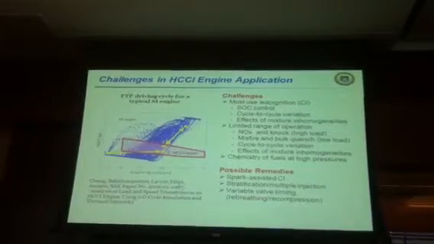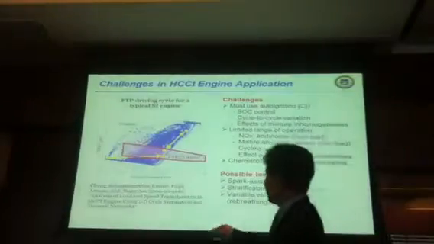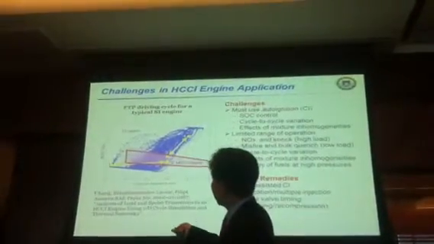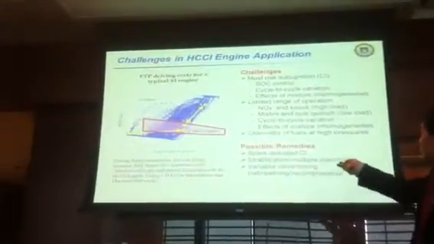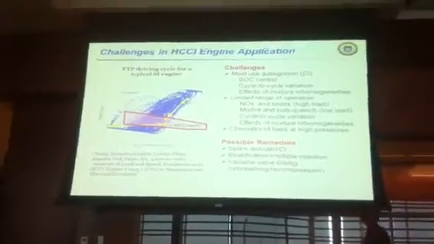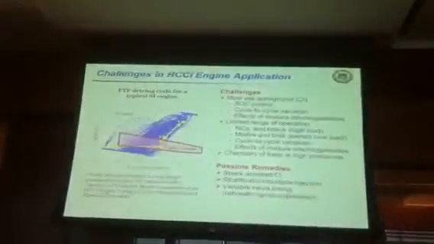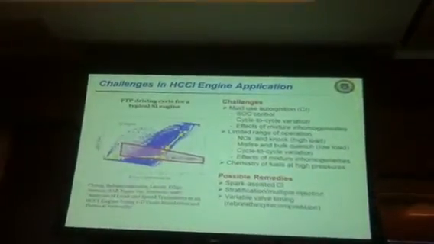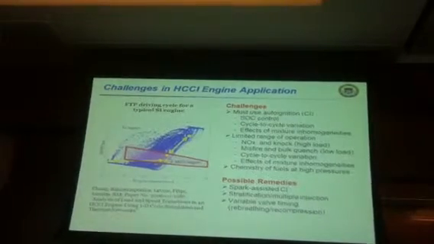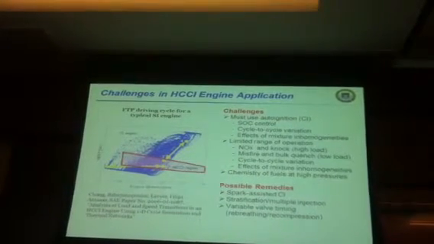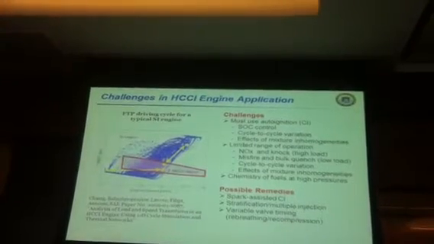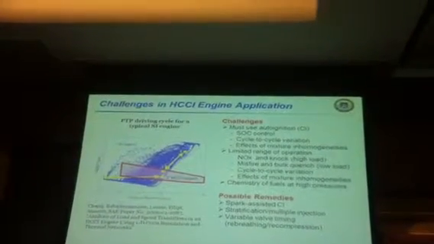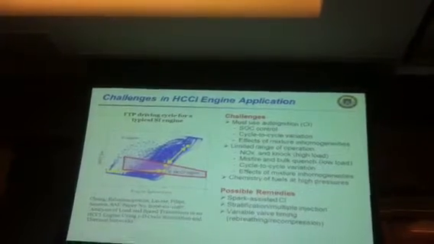And as a result, on the engine speed-load map, mean effective pressure versus speed, the blue dots are the conventional SI engine region. The equivalent HCCI engine operating range is compressed a lot. So the main research effort for the past 10-some years has been how to expand this operating region of HCCI engines.